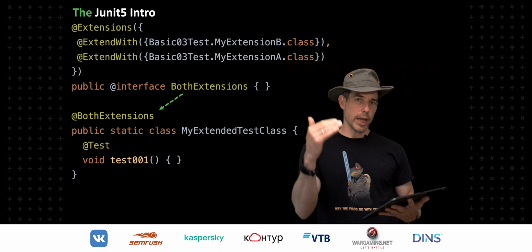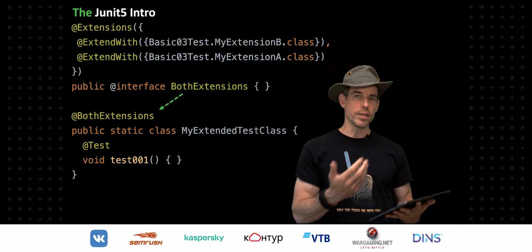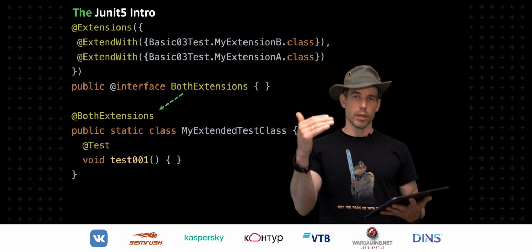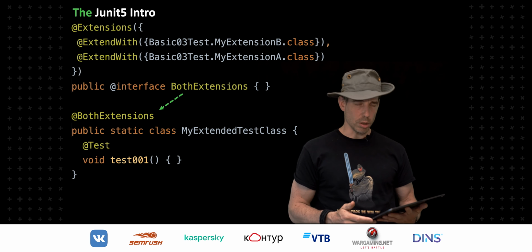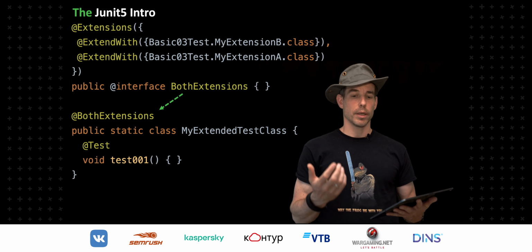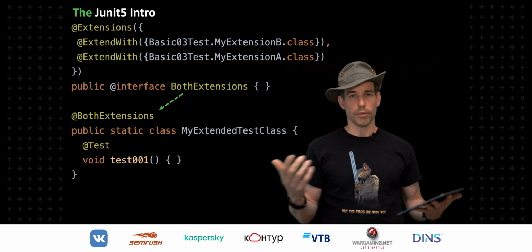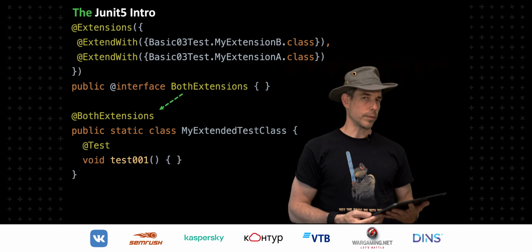If you don't want to add so many extensions, you have the possibility to use the extensions annotation. Then you can create a composition of all your extensions, and then you can use this composition of extensions at your test class as well.